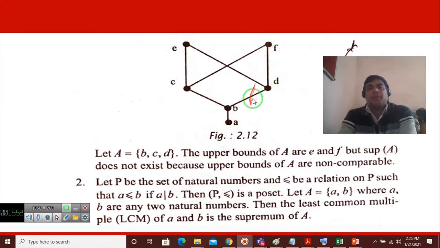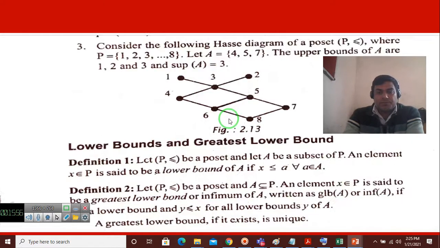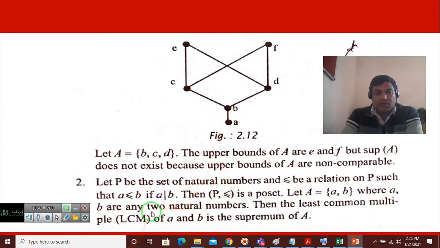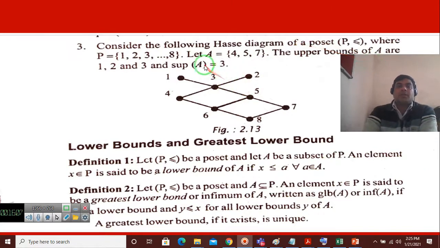Just the upper value is the supremum value. So the LCM of a and b is the supremum. Here we can get a crystal clear idea.